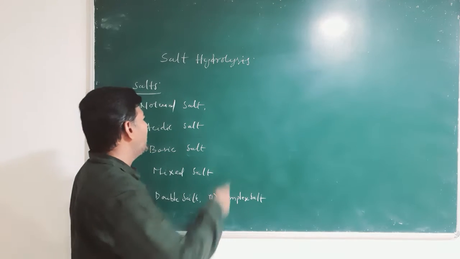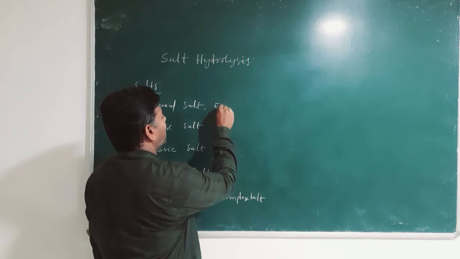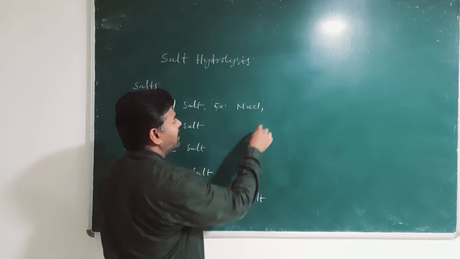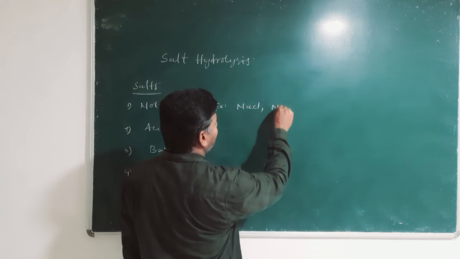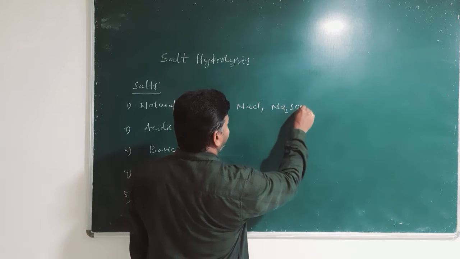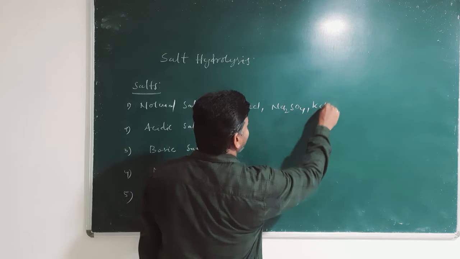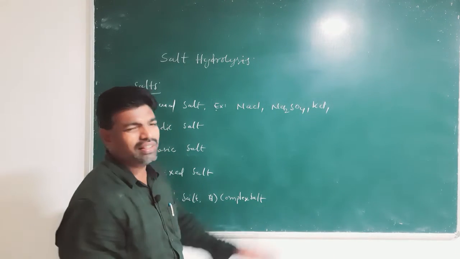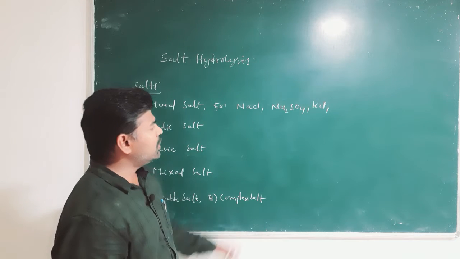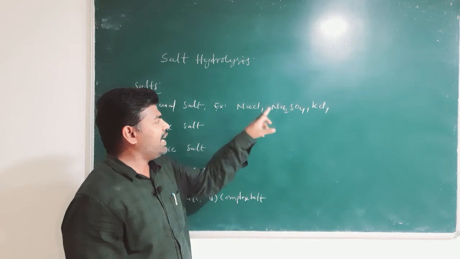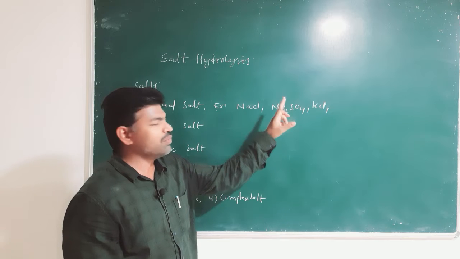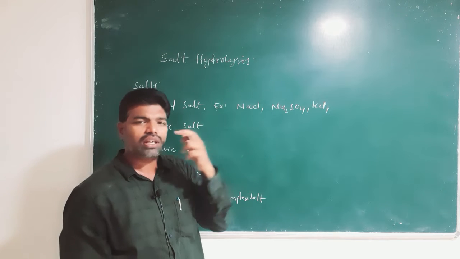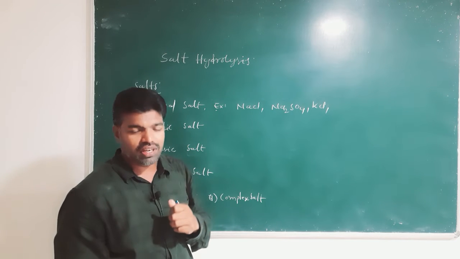For example, examples of normal salt are sodium chloride, sodium sulfate, KCl, calcium chloride, etc. If you take NaCl, Na2SO4, potassium chloride, calcium chloride, there are a lot of examples of normal salt.